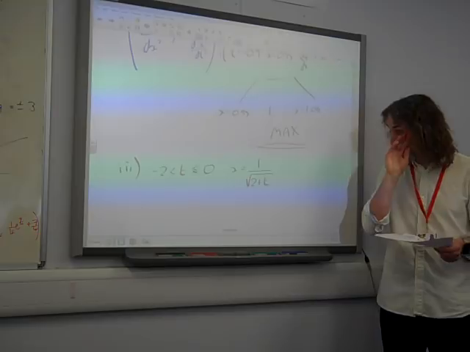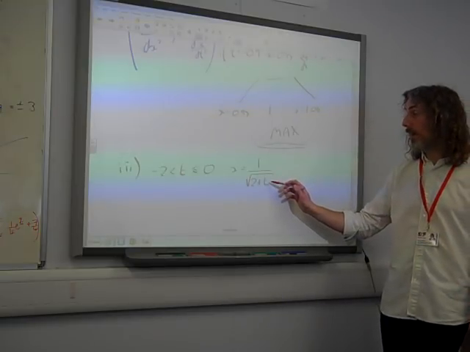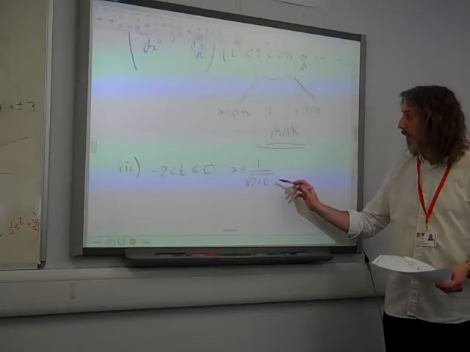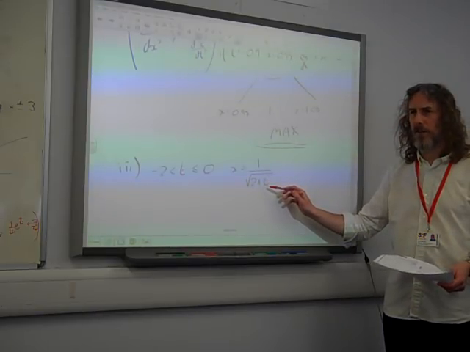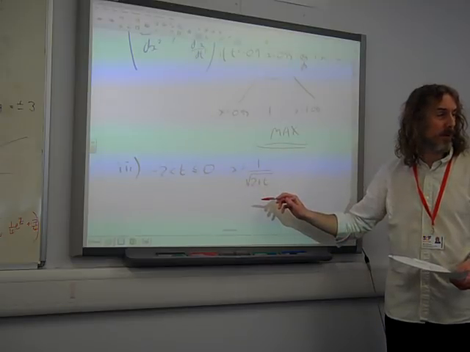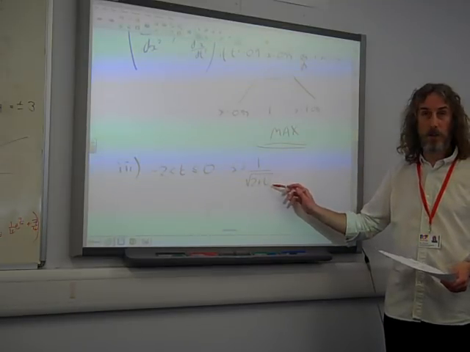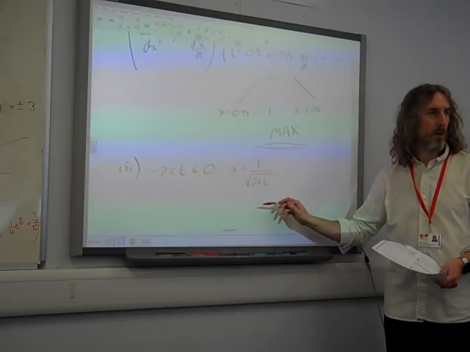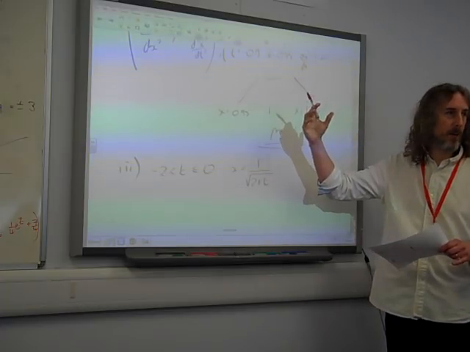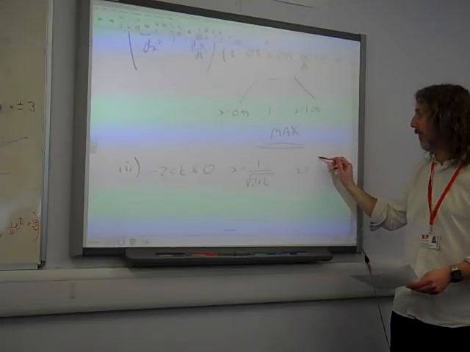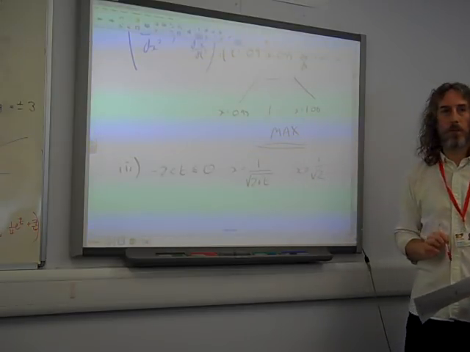If t is minus 2, then as t approaches minus 2, that approaches 0 on the bottom, so that it becomes infinite, doesn't it? As t approaches 0, that approaches root 2 on the bottom. So we're going from something infinite to 1 over root 2. So I think x is greater than or equal to 1 over root 2.